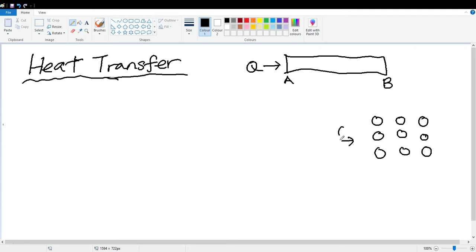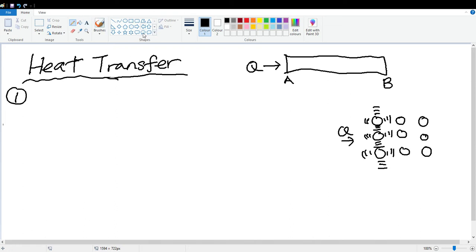When heat is supplied, the energy of the first column of lattice atoms will increase, causing it to vibrate. So this is the vibration of lattice atoms.